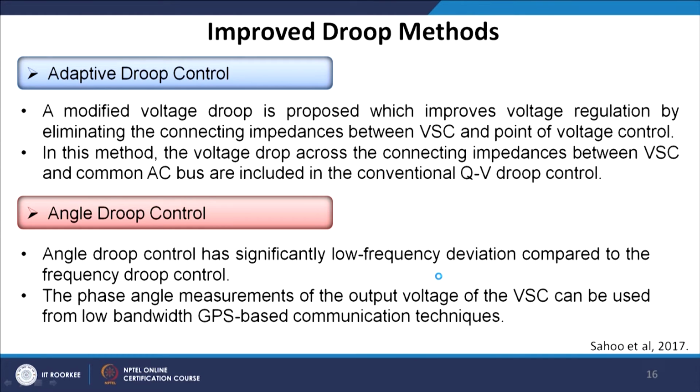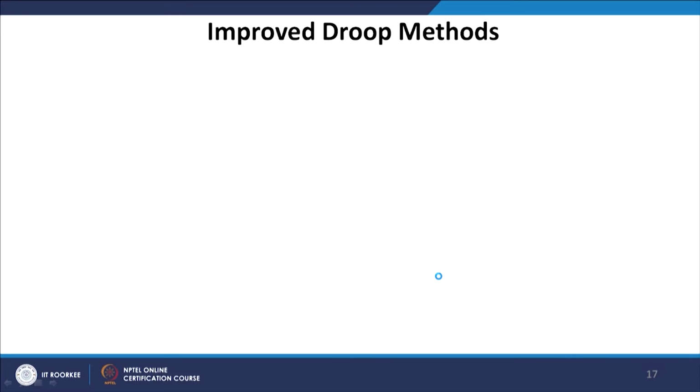Angle droop control. Angle droop control has significantly low frequency deviation compared to the frequency droop control. The phase angle measurement of the output voltage of the VSC can be used from low bandwidth GPS based communication techniques.